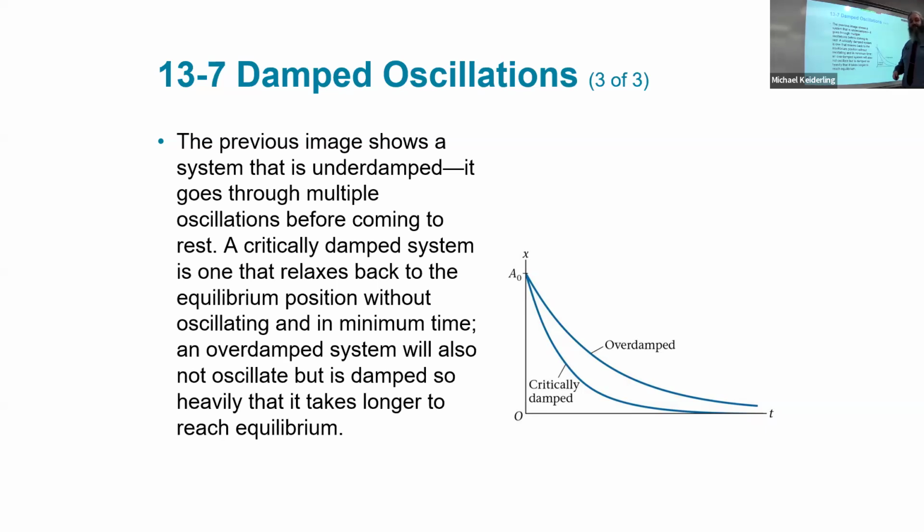And that was underdamped. Things like shock absorbers are often designed to be critically damped or maybe overdamped, because you don't want your car to go wobble, wobble, wobble whenever you go over a bump.